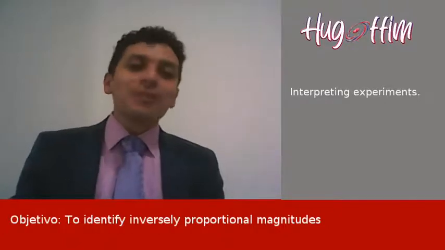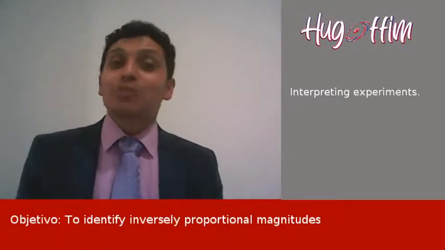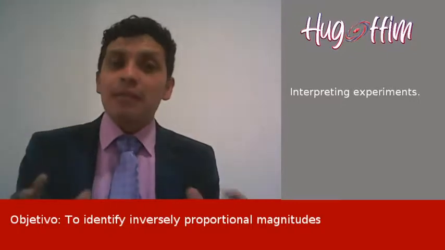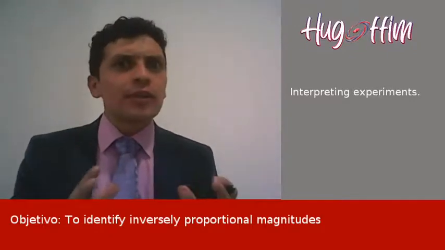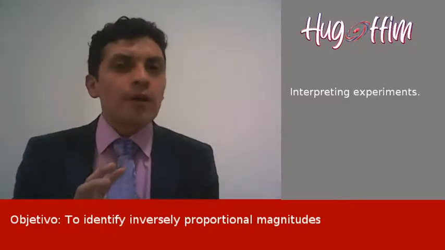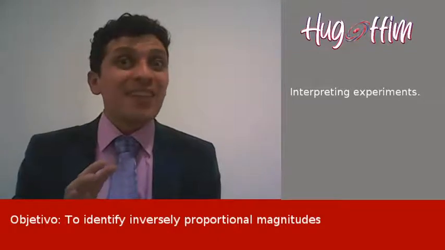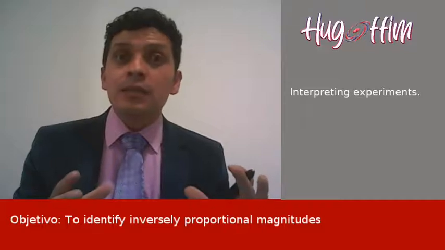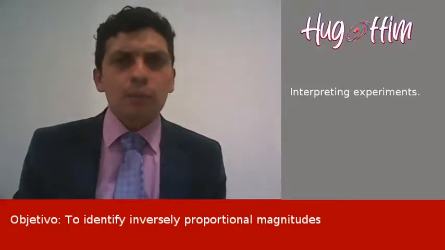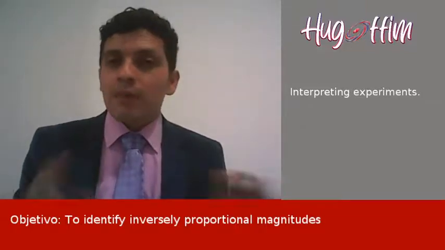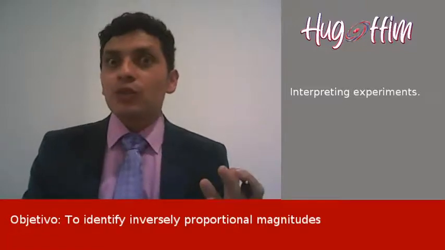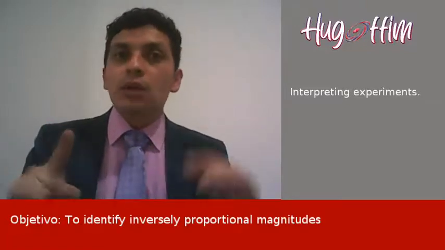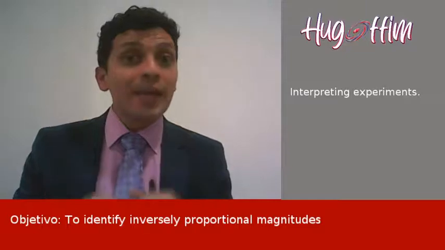Yes, I wanted you to imagine again that you're in an experiment, and this time in the experiment you see something that you didn't see before. It's the fact that the magnitudes change differently than how you know with directly proportional magnitudes. If you remember, with directly proportional magnitudes, when one increases, the other increases, following a common rate.